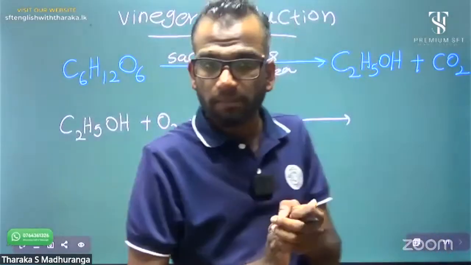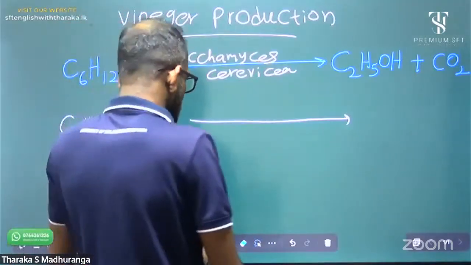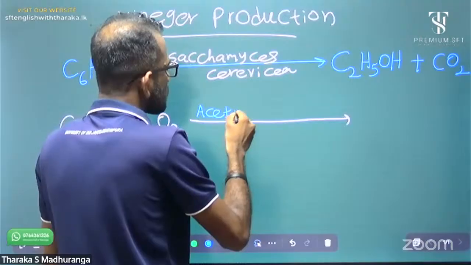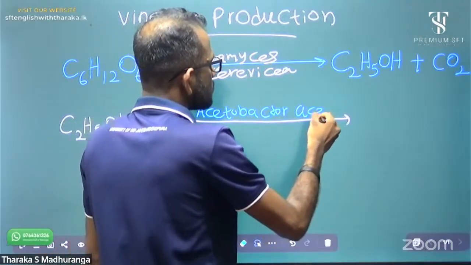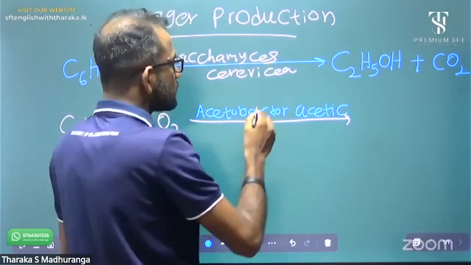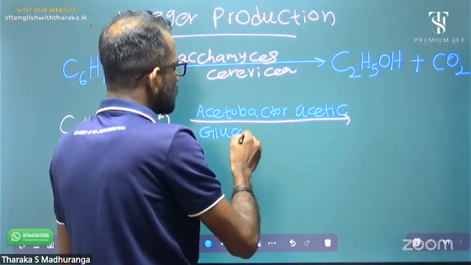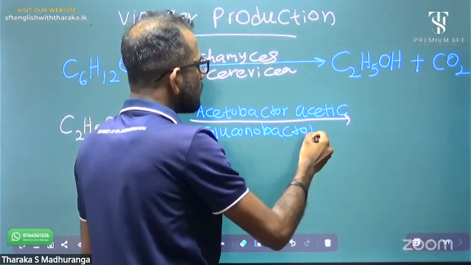Who are the bacteria involved in acetic acid production, vinegar production? Remember the names: Acetobacter aceti and Gluconobacter.